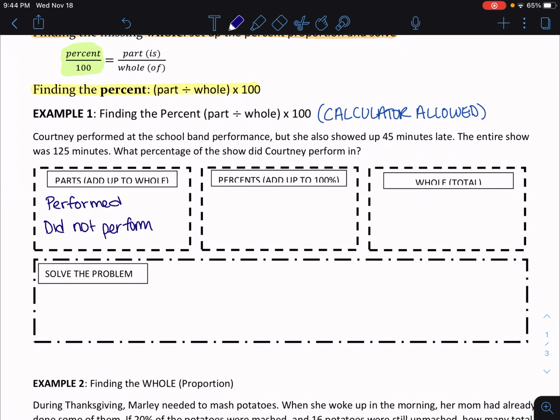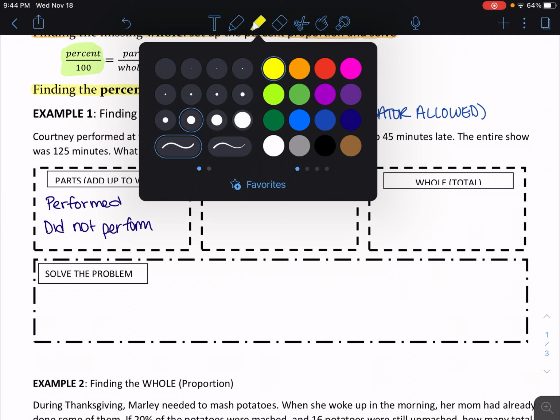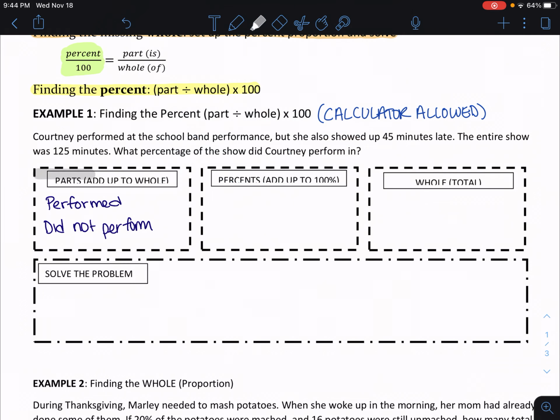Now, the box that includes your parts, so this box and this box are going to be the same. And the reason these boxes are going to be the same is because the parts and the percents that represent those parts are going to be the same objects.